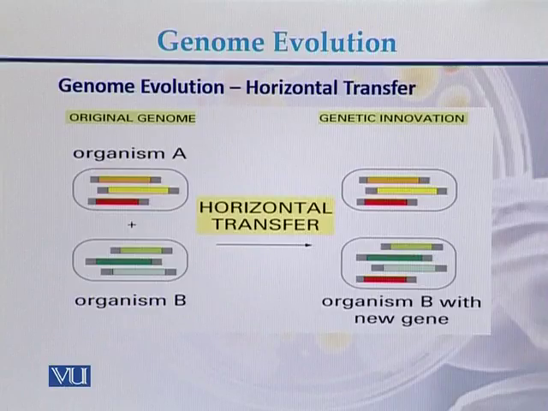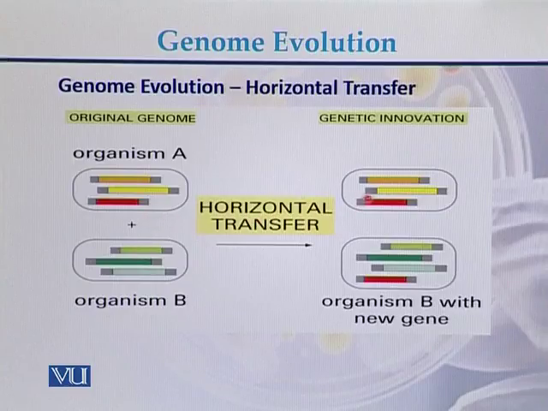Genome evolution can also be due to horizontal transfer. Let's say this is organism A and this is organism B. The genes in organism A are shown with different colors, and the genes in organism B are shown with different colors.